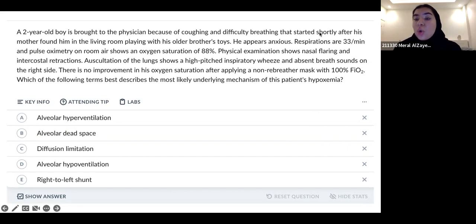Physical examination shows nasal flaring and intercostal retractions. Auscultation of the lungs shows a high-pitched inspiratory wheeze and absent breath sounds on the right side. There is no improvement in his oxygen saturation after applying a non-rebreather mask with 100% oxygen. Which of the following terms best describes the most likely underlying mechanism of this patient's hypoxemia?